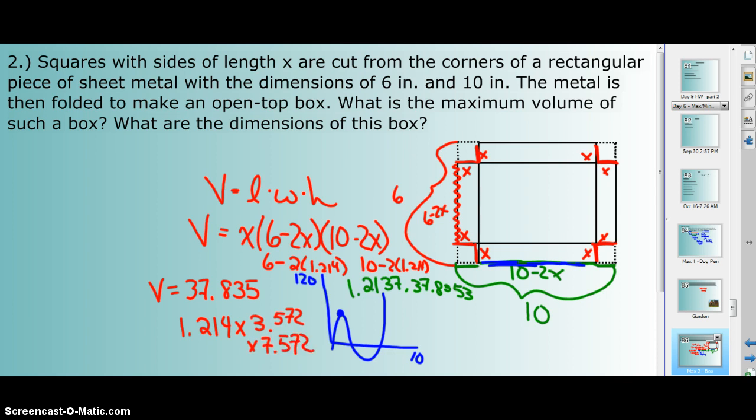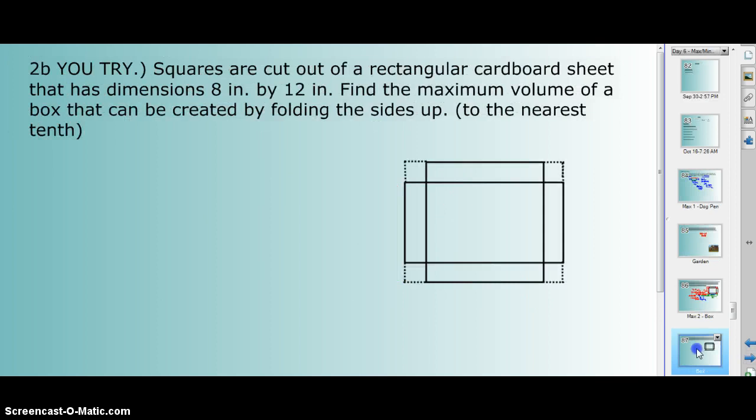So now there's a type of this one that you can try. There you go. It's just a different size piece of paper. You can pause that. And this one only wants to know the max volume to the nearest tenth. So you'll find that to be 67.6.